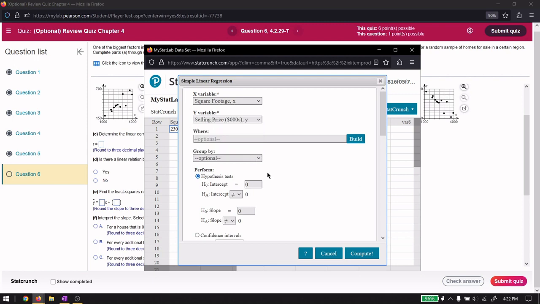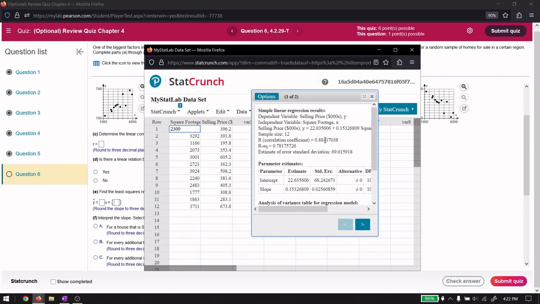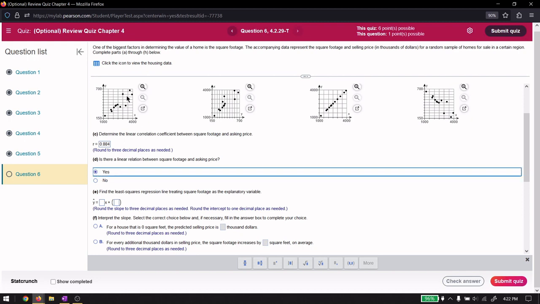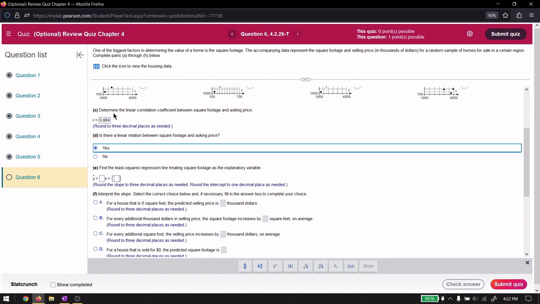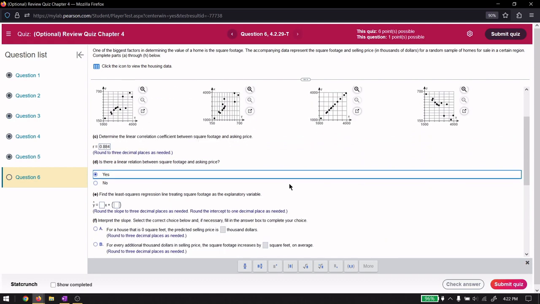X for X, Y for Y. And our linear correlation is 0.884 for three places. And is there a linear correlation between square footage and asking price? I think the answer is yes. There's no critical table here, but this is a very high linear correlation. So I would say yes.